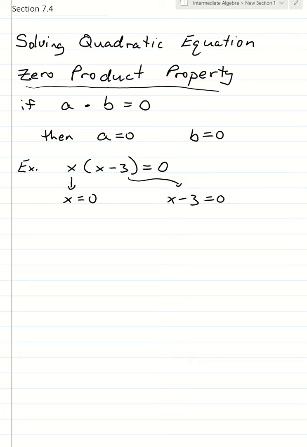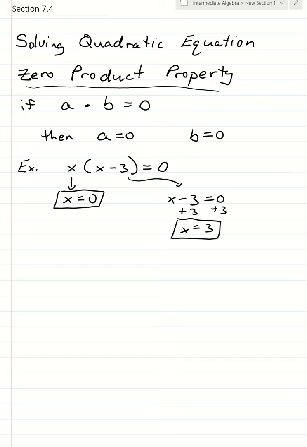And now we have to solve for each x. Well, there's nothing to solve for here. x equals 0. That's one solution. To get this x by itself, of course, we would have to add 3 to the other side. And in doing so, now we would have x equals 3 as our second solution. And you must give me both solutions in order for it to be correct.